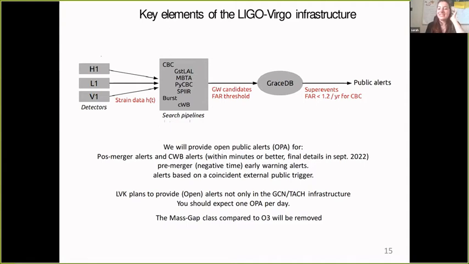We will give the details in September. We will also deliver to the astronomer community early warning alerts, prior to the merger, so that some astronomers, for example at radio facilities, can store the data. And we will deliver these alerts not only in GCN, the classical broker to listen to our alerts, but also to other much more modern brokers using other alert formats like JSON.